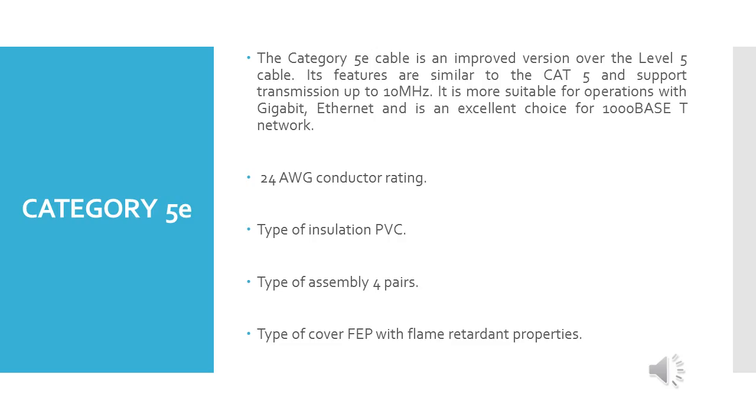The Category 5E cable is an improved version of Category 5. Its characteristics are similar and it is compatible with transmission of up to 100 MHz. This type of cable is more suitable for operations with Gigabit Ethernet.